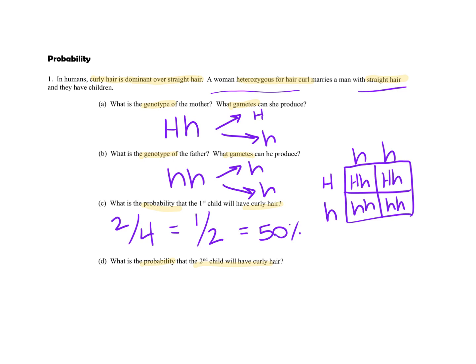But we're not going to be tricked, and we're going to remember that every time you have a child, those probabilities and those Punnett squares happen every single time. So the results of the first child have no effect on the second child. So again, the second child has a 2 out of 4 chance to have curly hair, which you can simplify to 1 out of 2, which gives you the percent of 50%.